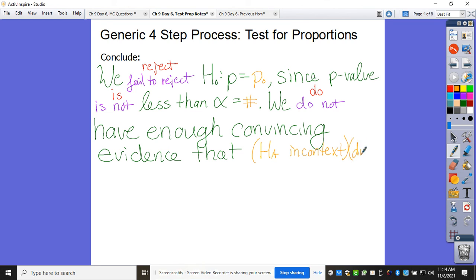Okay. So just write it the same way because we're doing the same idea. And again, that can be written as Ha: p is whatever number, and they're fine.